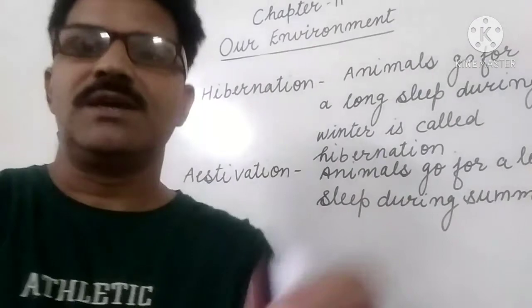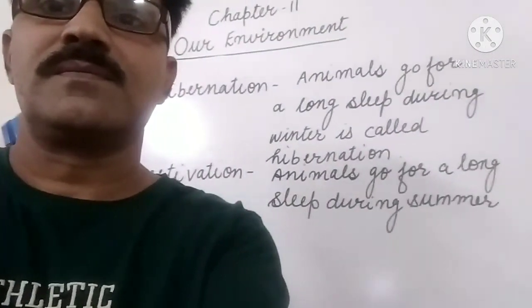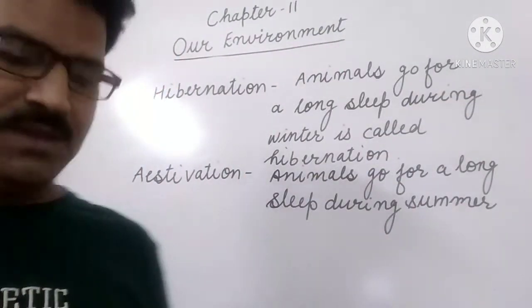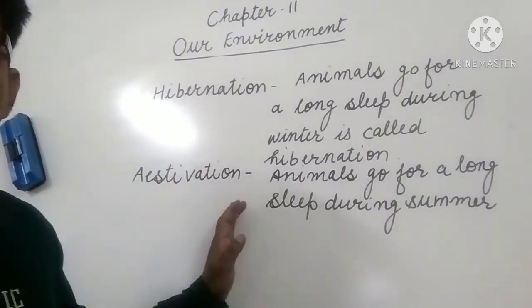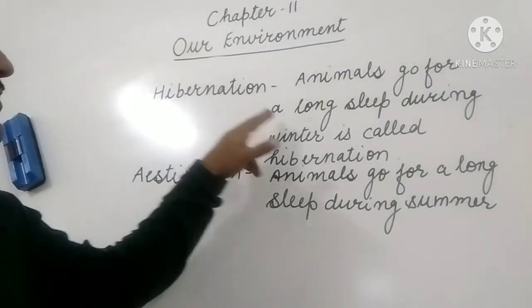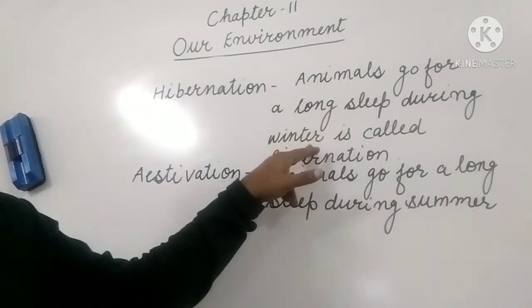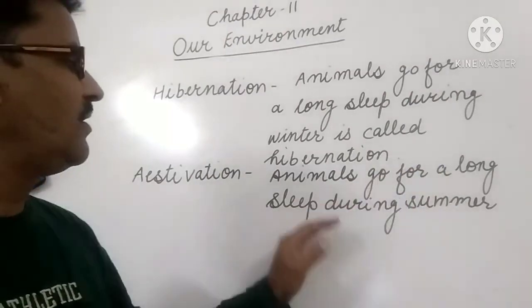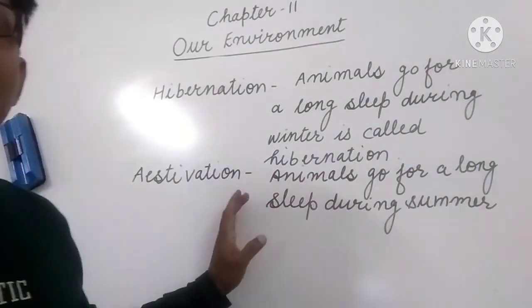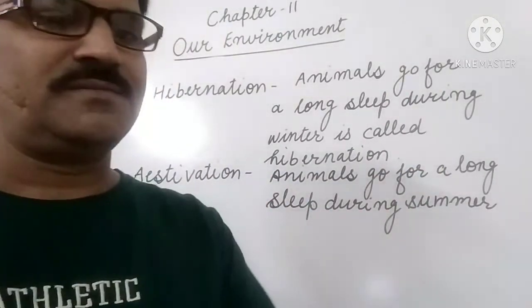Okay, now it is clear. Hibernation and estivation, these two terms are clear. Animals go for a long sleep during winter, it is known as hibernation. Animals go for a long sleep during summer, it is known as estivation.